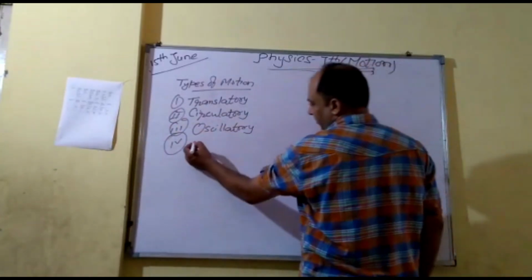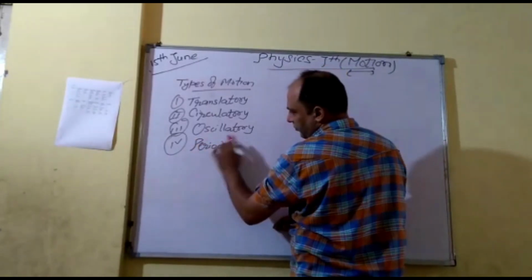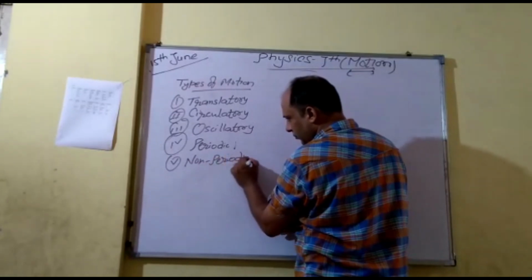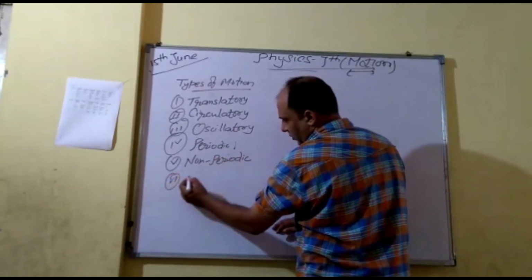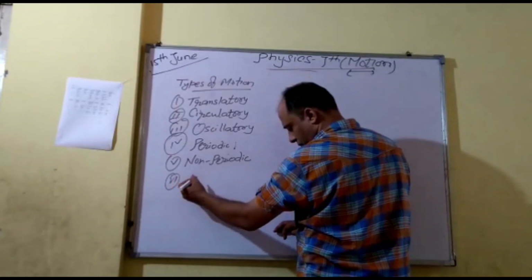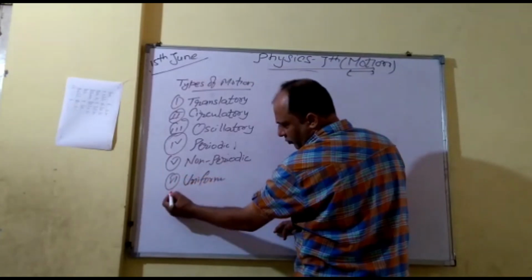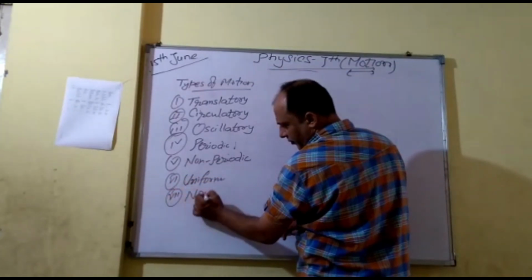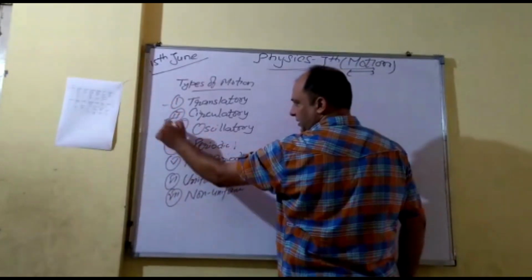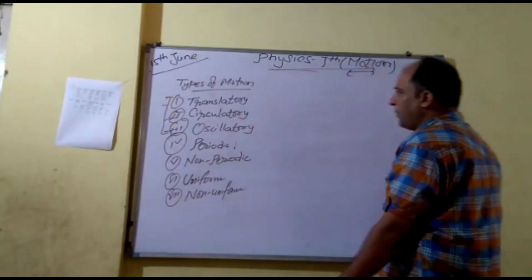There are so many more types: periodic motion, non-periodic motion, uniform motion, non-uniform motion. Basically these three types of motion are important, but I am going to explain the rest also. So one type of motion is translatory.